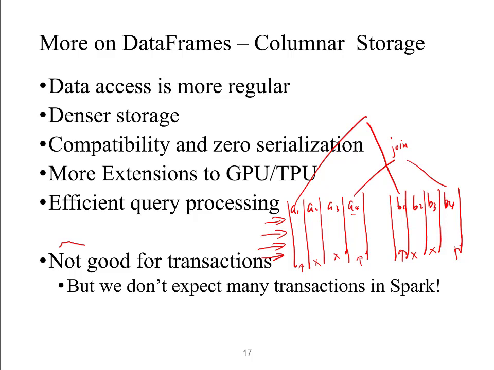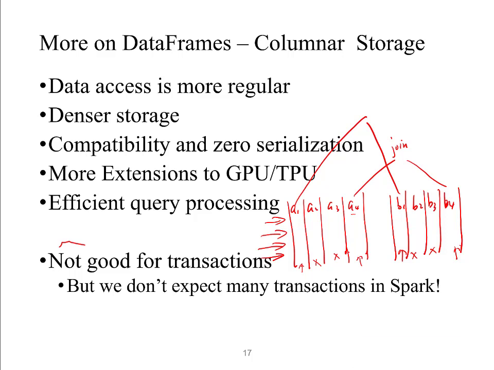So if we store them in columnar storage, basically each column would be stored separately in different machines or workers. So the total number of workers or data nodes involved would be much smaller. So the I/O and network communication is minimized.